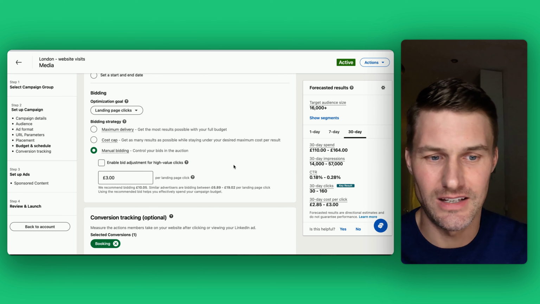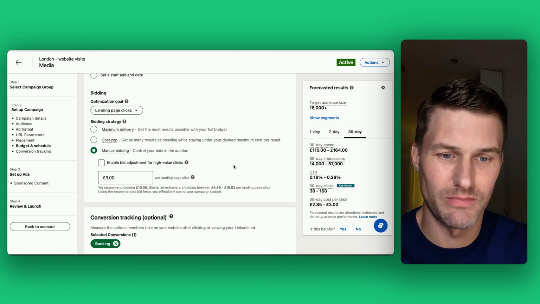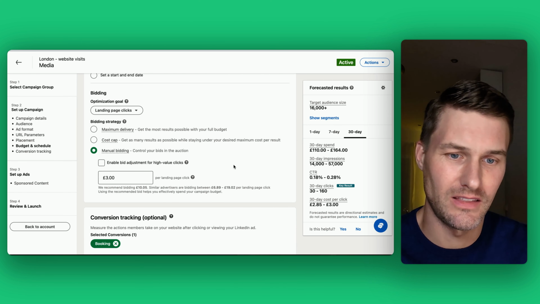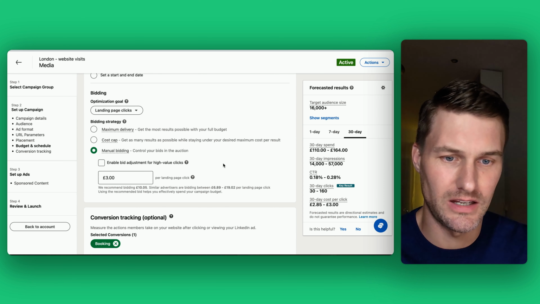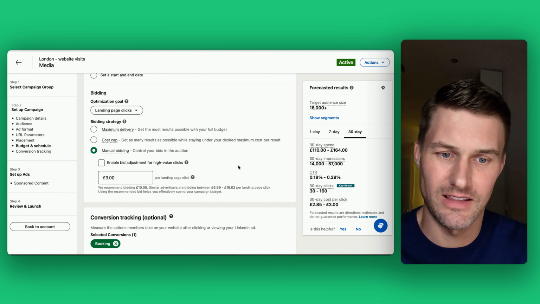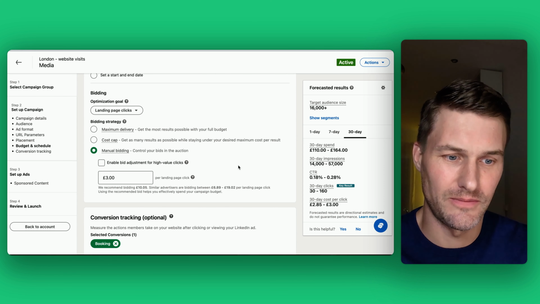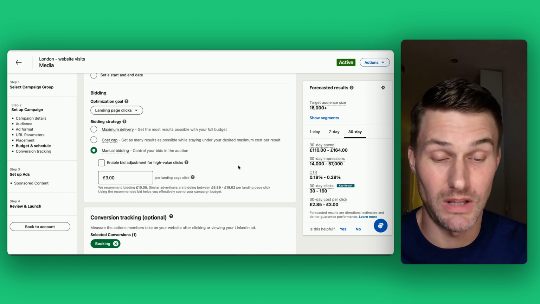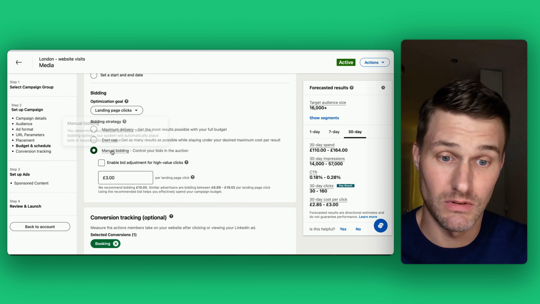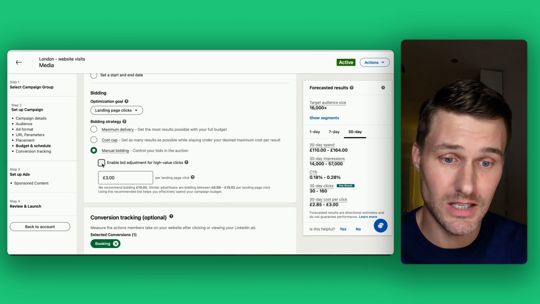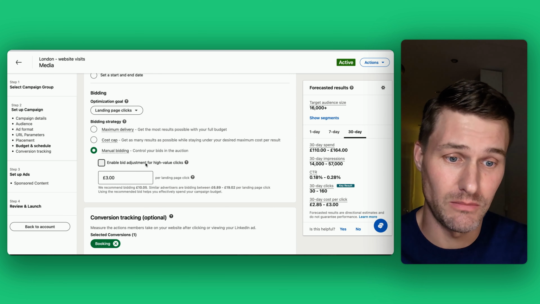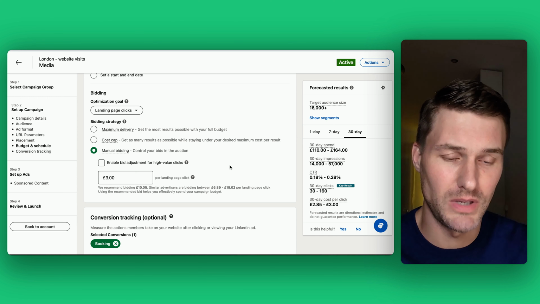The reason for that, I guess, is that the platform makes less money. They make most money with maximum delivery, the highest CPCs. But basically you want to make money for yourself, not the platform. So click on the manual bid, deselect the bid adjustment, otherwise it's just going to override your manual bid.